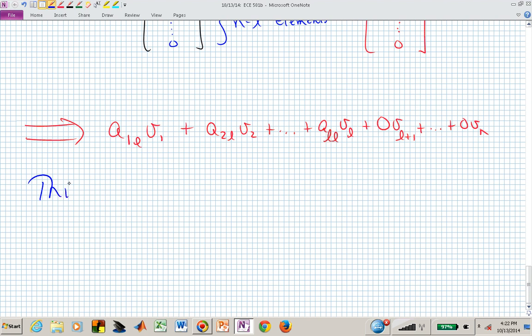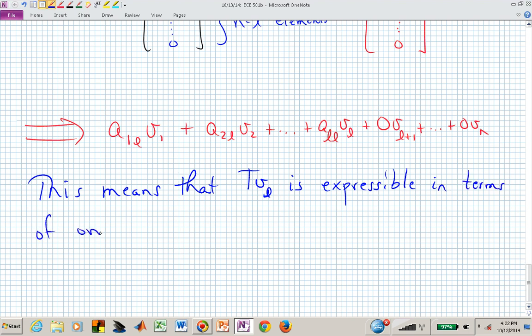This means, or this representation, that T v sub L is in fact expressible in terms of only basis vectors 1, 2, up to V sub L.